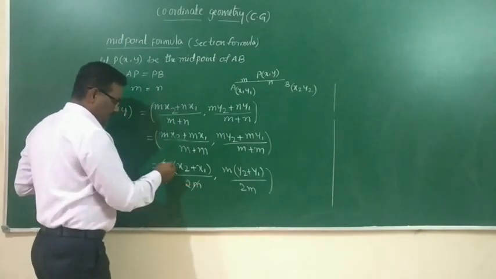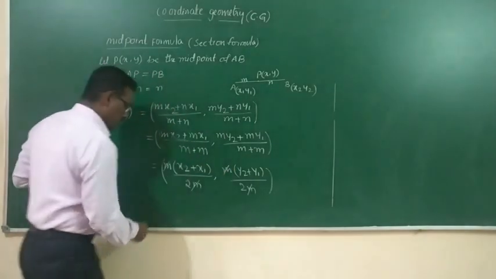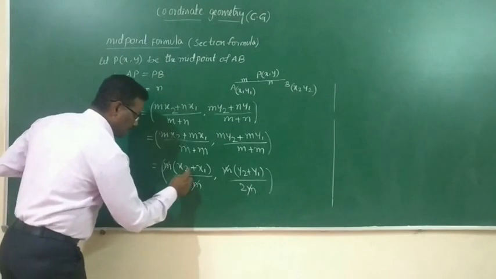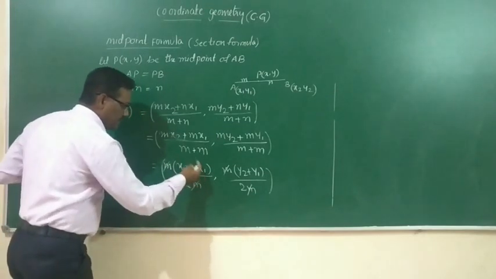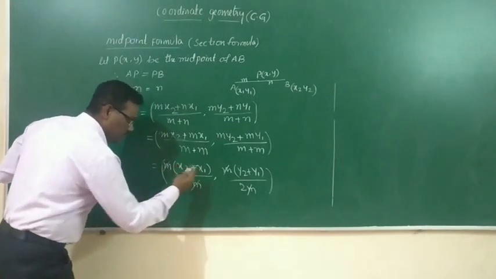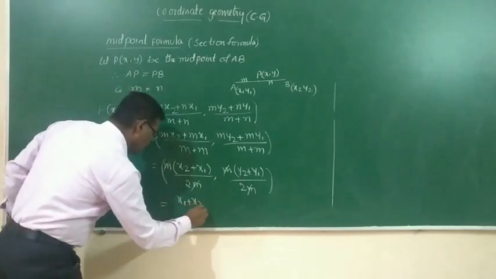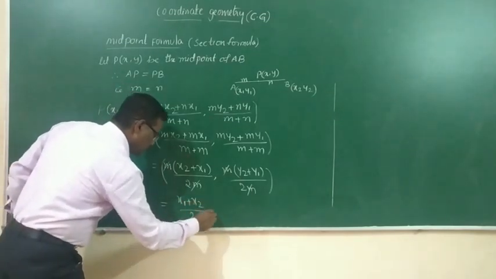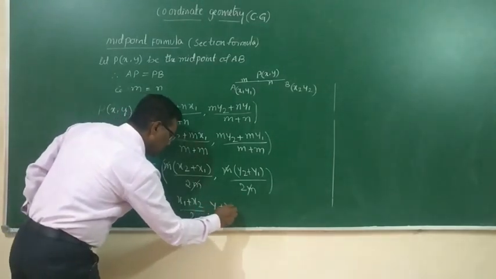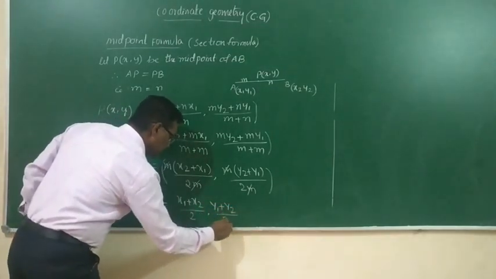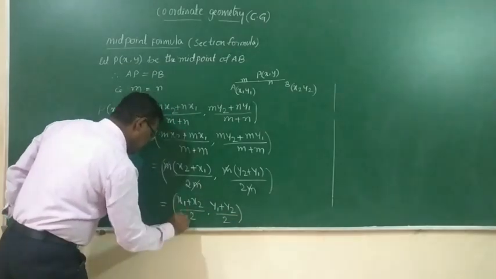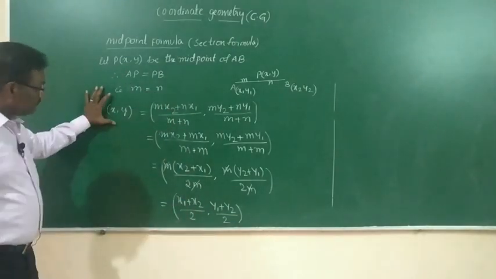Yes, m gets cancelled here also. Therefore, x2 plus x1 is nothing but x1 plus x2 by commutative property. So x1 plus x2 by 2, y1 plus y2 by 2. This is known as midpoint formula.